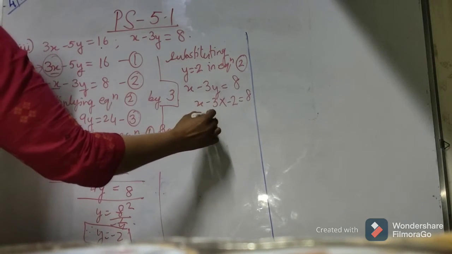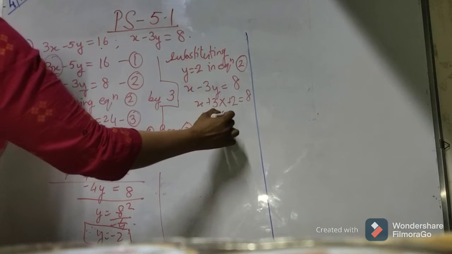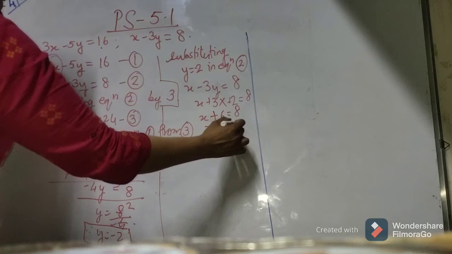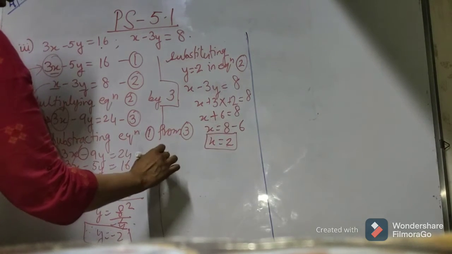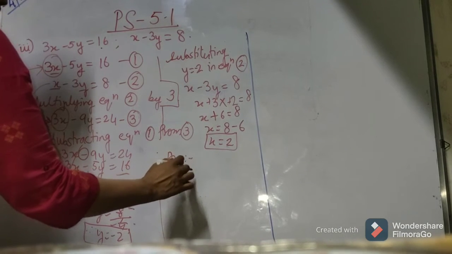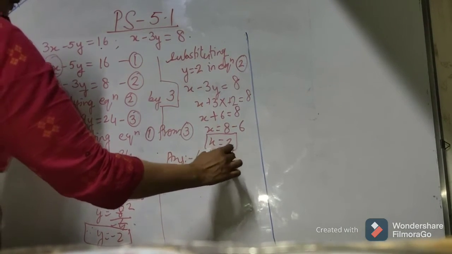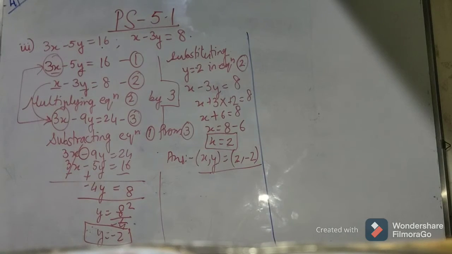Minus minus gets cancelled in multiplication. 2 threes are 6. Okay. So x will be 8 and this plus 6 becomes minus 6. So x becomes 2. So I am putting that also in the box. So finally I got both the variables. So I'll write it 2 comma minus 2, x always first.